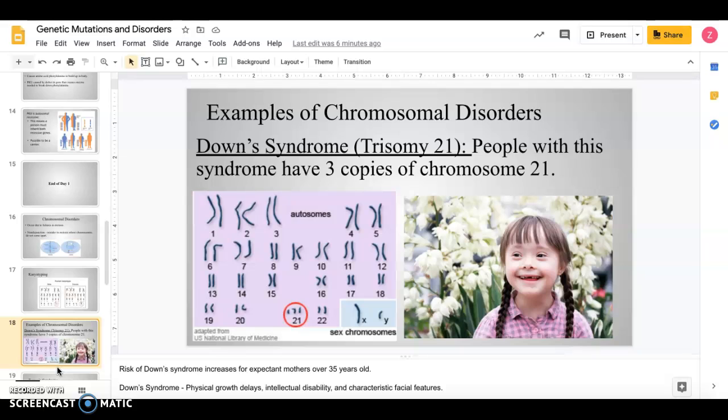Down syndrome results in physical growth delays, intellectual disability, and characteristic facial features. The risk of Down syndrome also increases for expectant mothers as they pass 35 years of age.